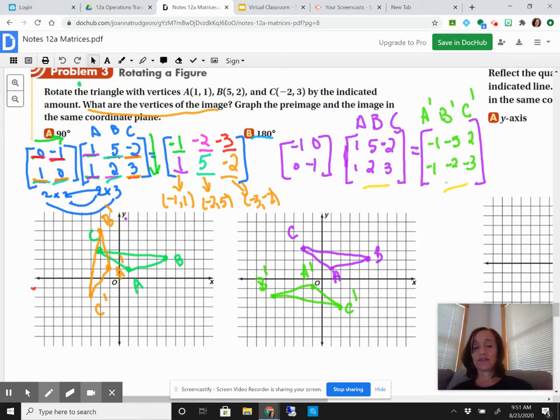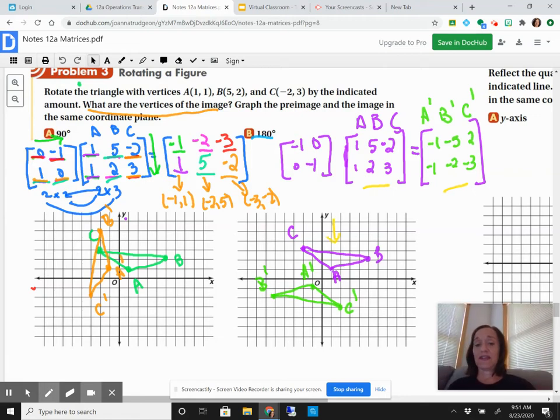That's just how it works. If you ever use patty paper, and if we're in class, maybe we would use patty paper to do this, or if there wasn't a pandemic, you can basically take a piece of tracing paper, put it over your graph, and trace this triangle right here.